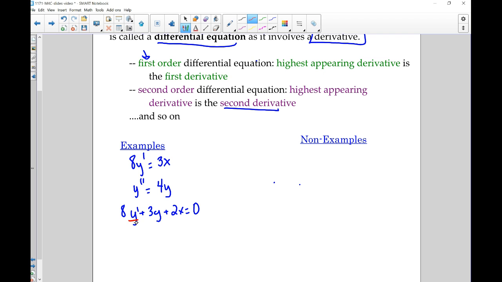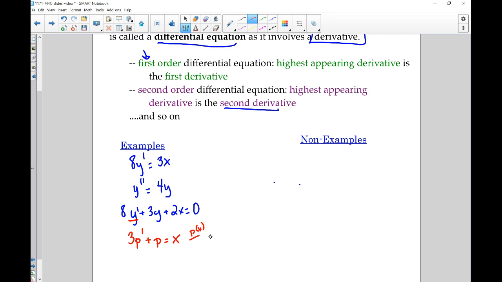And just to abstract away from x and y a little bit more, we could say 3p prime plus p is equal to x. That would be an example of a differential equation in p. We would assume that p is a function of x here.